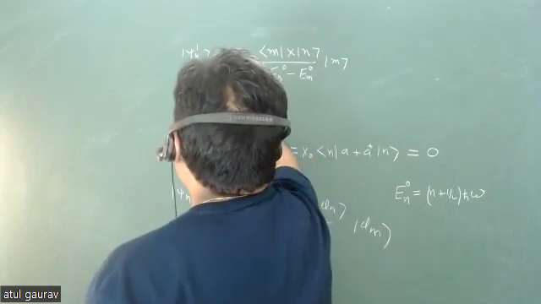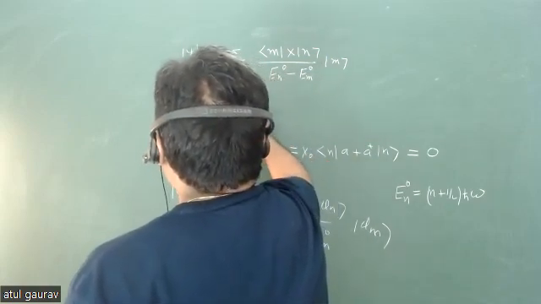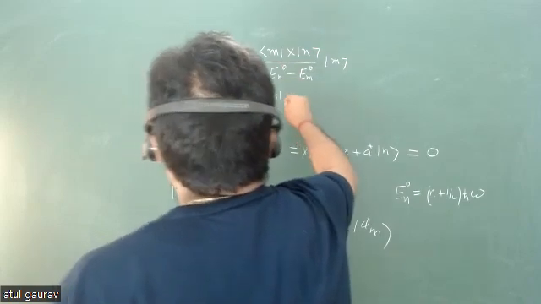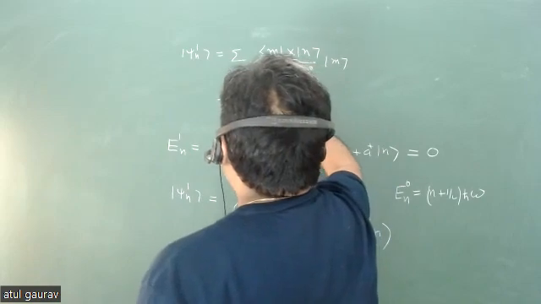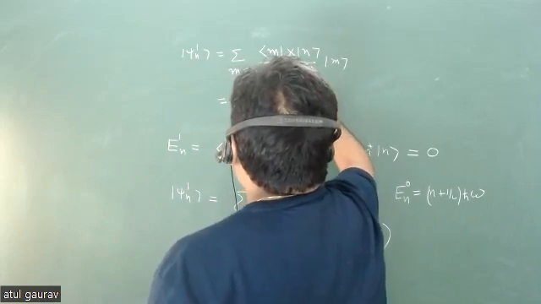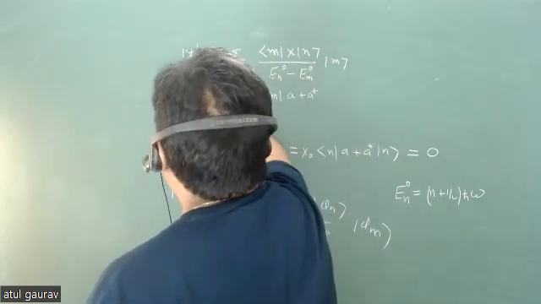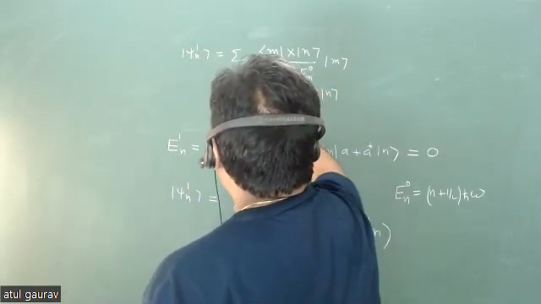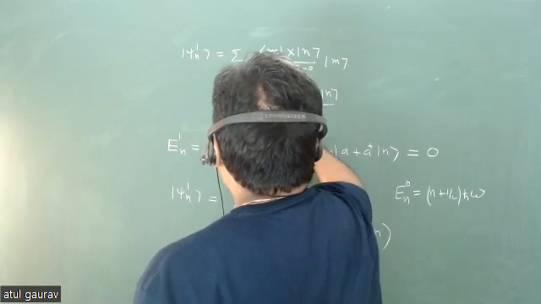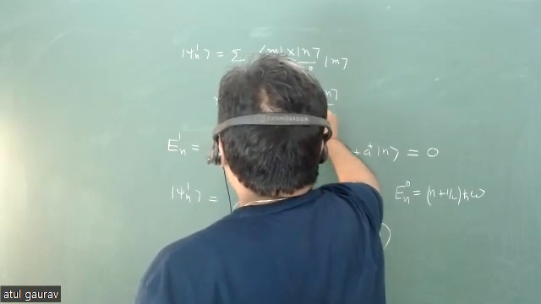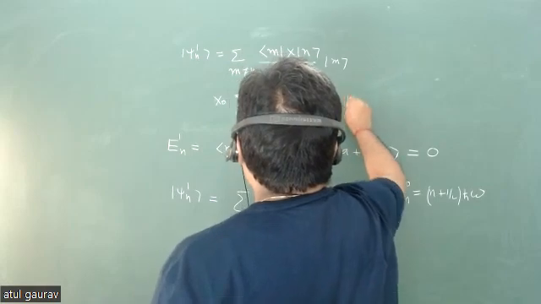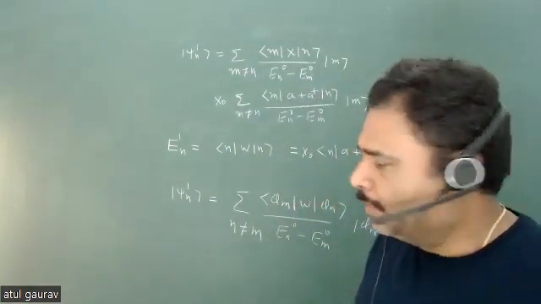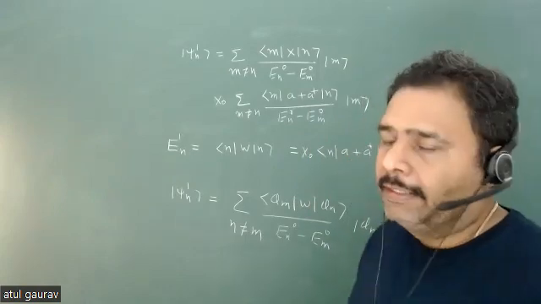And this can again be written as the summation over m not equal to n of <m| x naught (a plus a dagger) |n>. We can take x naught outside of this. And here we will go for En0 minus Em0, times |m>.